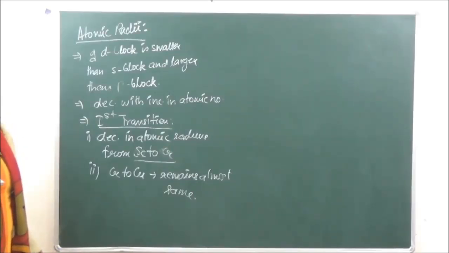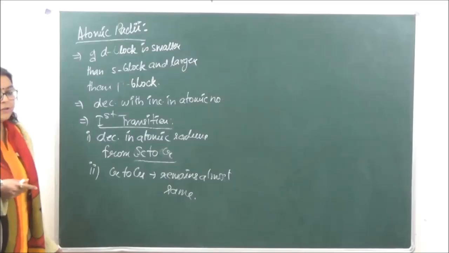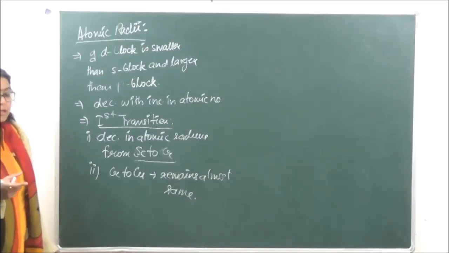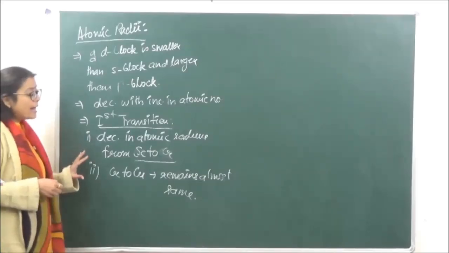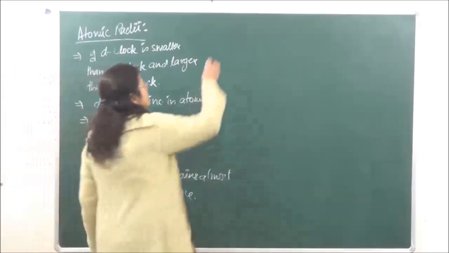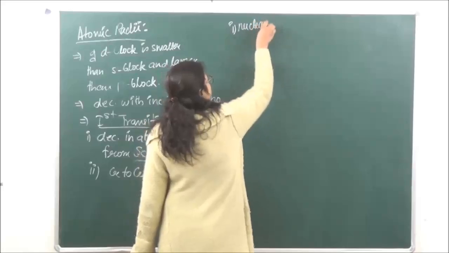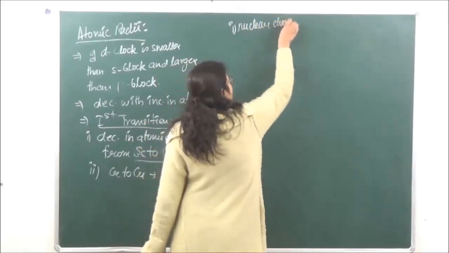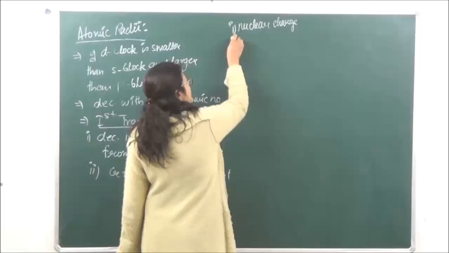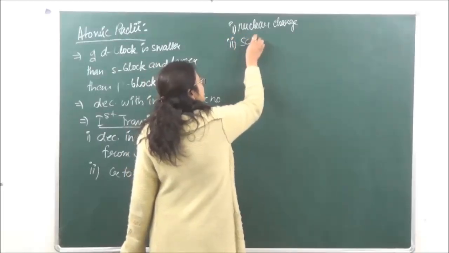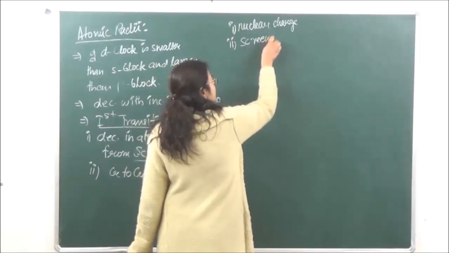that is due to as we keep on introducing another electron in the same shell, we are going to have two types of effects over here. The first effect, which is known as the nuclear charge, and the second effect over here that is known as the screening effect.